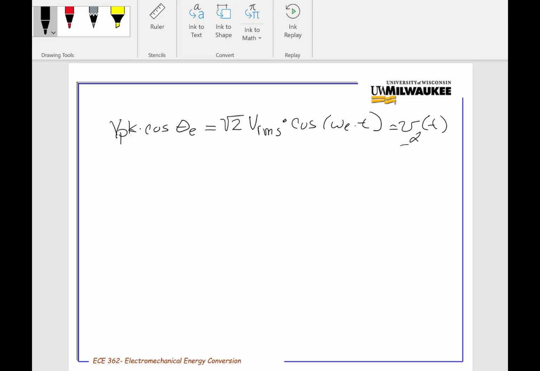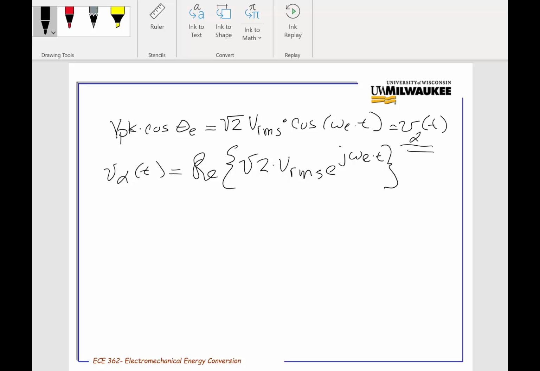It would have to be giving us the same value of V alpha of t, and that would be the real component of square root of 2 V RMS e^(j omega_e t).